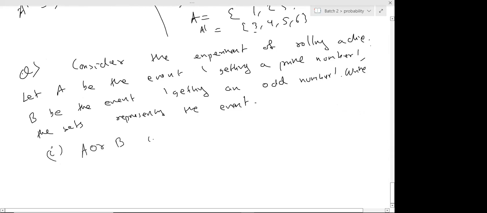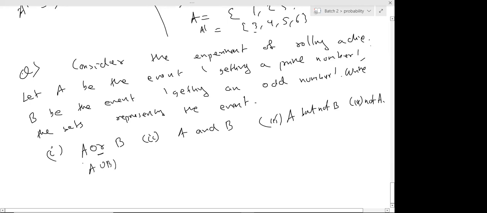A or B, A and B, A but not B, not A. So this or means, if you remember, this is union.